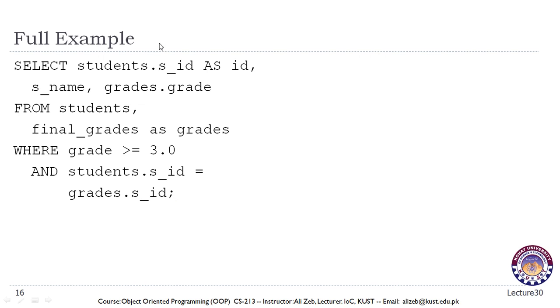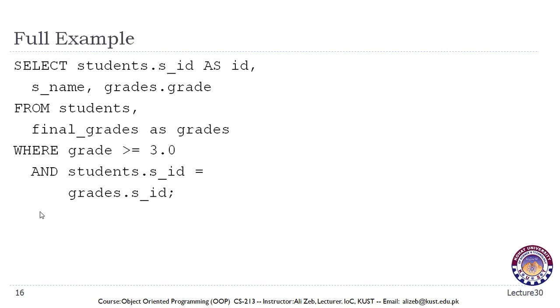We want to select the student ID from the students table as ID, the name of the student, and the grade of the student from the grades table, that is the final grades table, which will be renamed as grade, where the grade of the student is greater than 3, and the ID of the students in the students table matches the ID of the students in the grades table.